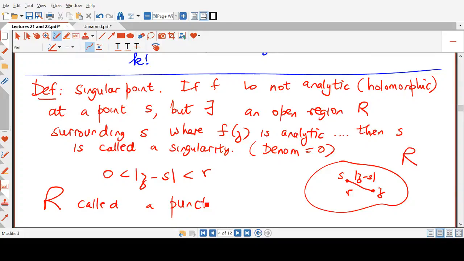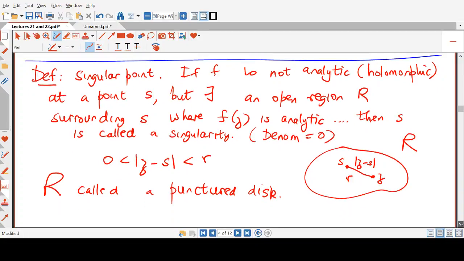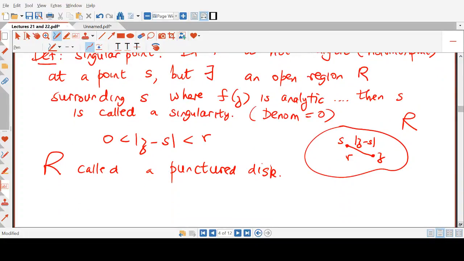It's like one point has been removed from it. It's a holomorphic region, but one point has been taken out. Okay, I think that's very simple to understand. That's just a note on the word singularity.